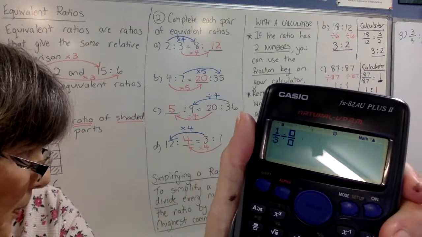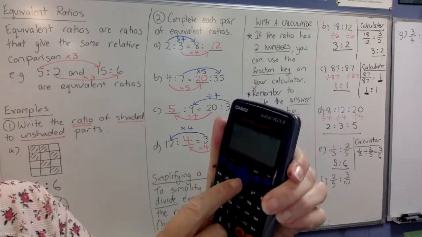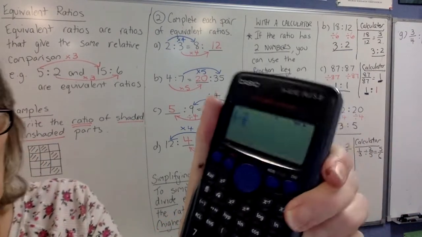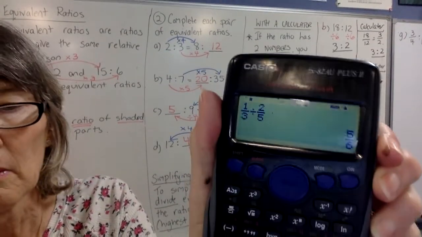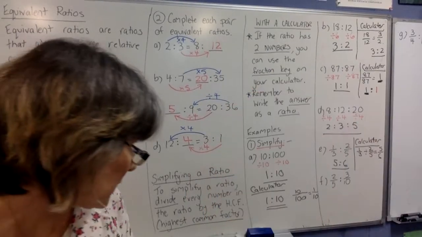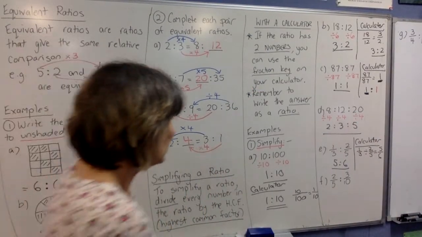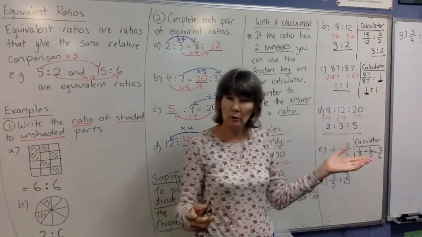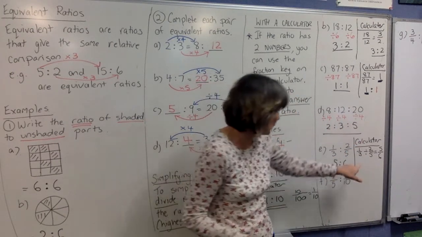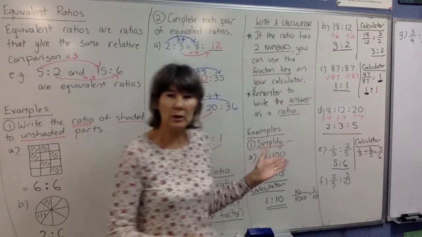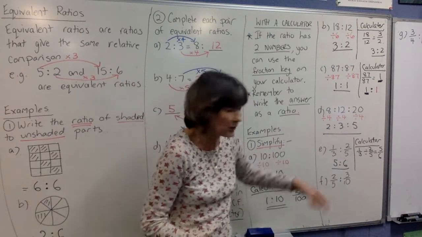This time I'm going to press in 2 over 5. Then we press equals, and again we get 5 over 6. So you can do it the first way, but it gets a bit fiddly putting a fraction on the top and another on the bottom, or you can put it in like this and still get the same answer, 5 to 6.